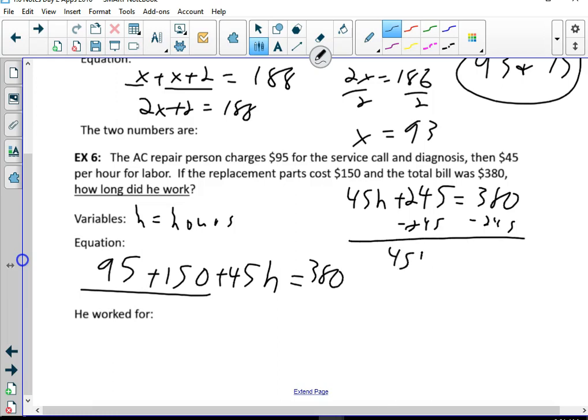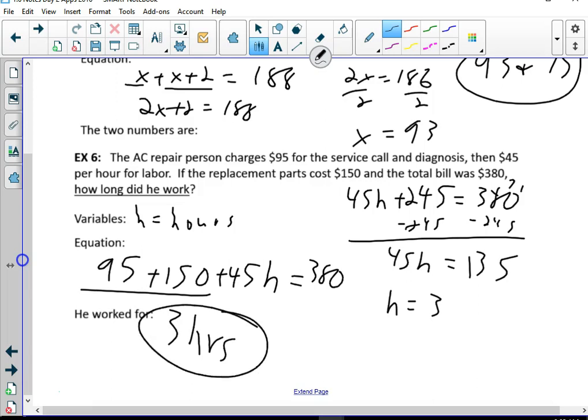So that's going to be 45H equals 135 bucks. And then if you divide by 45, you get 3, which is not my answer. He worked for 3 hours. You must answer with a sentence because it's a word problem.